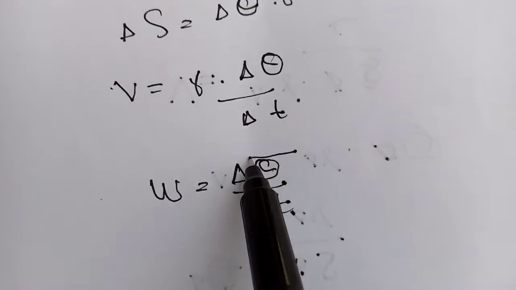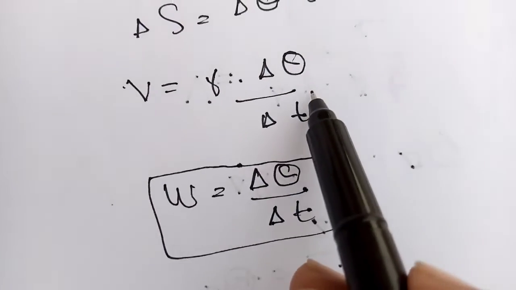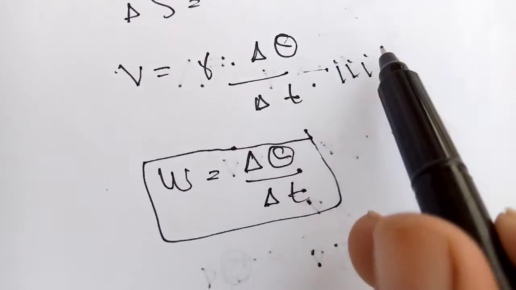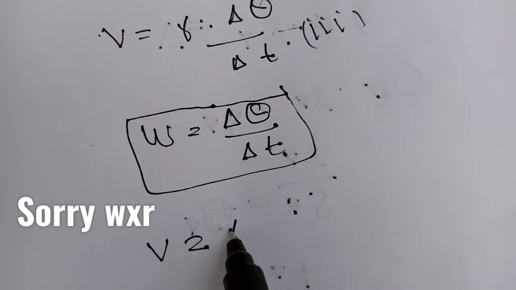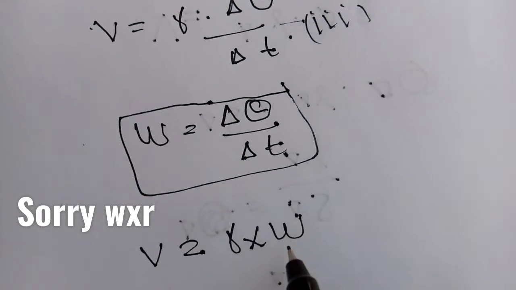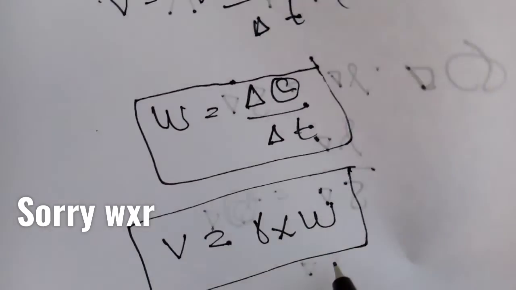So put delta theta by delta t is equal to omega in equation number 3. We will get v is equal to r cross omega, and this is the relationship between linear velocity and angular velocity.